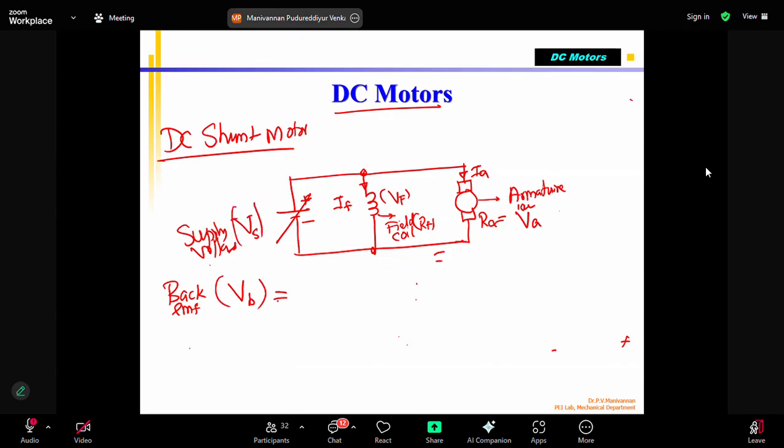Back EMF is produced in the rotating armature coil alone, not in the field coil. That you should note down. Why?